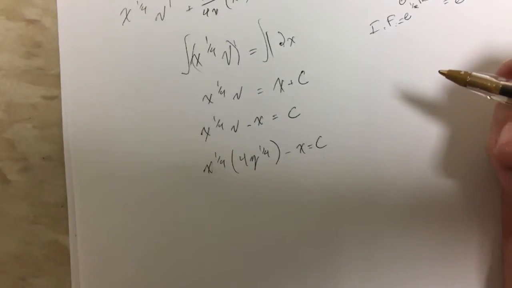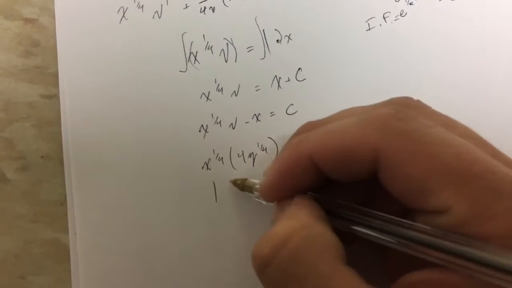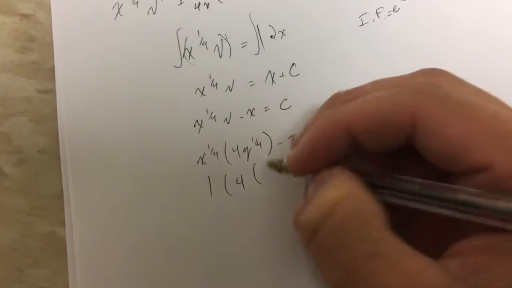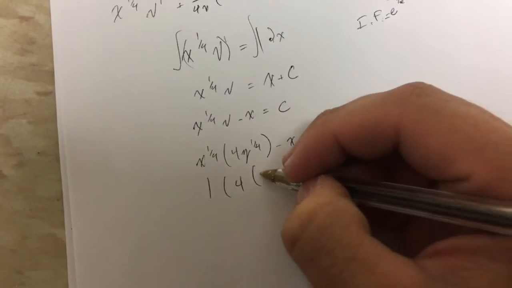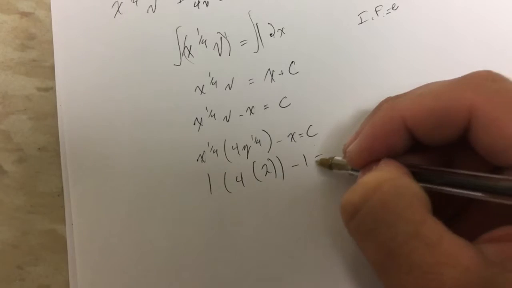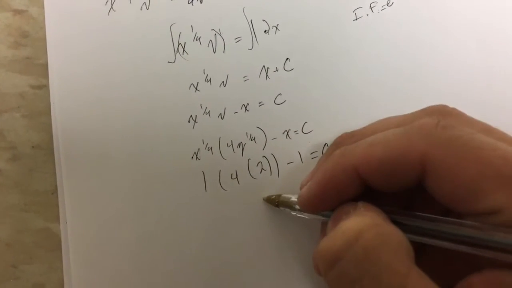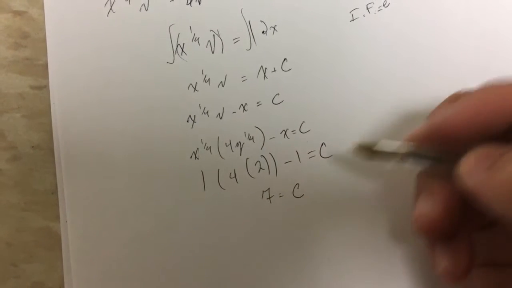Our initial values given were x equals 1 and y equals 16. So we end up with 1 times 4 times 16 to the 1/4, which is 2, minus 1 equals c. This equals 8 minus 1, which is 7, equals c.